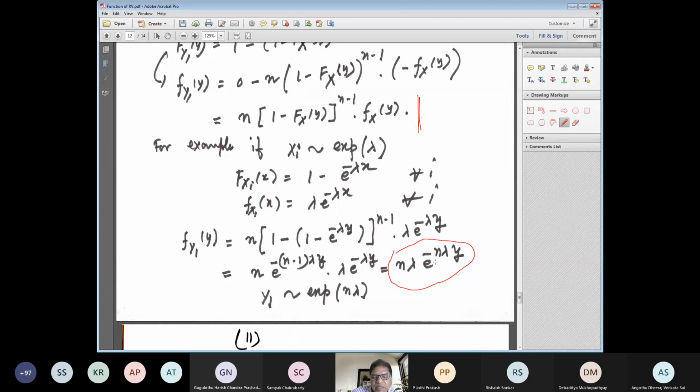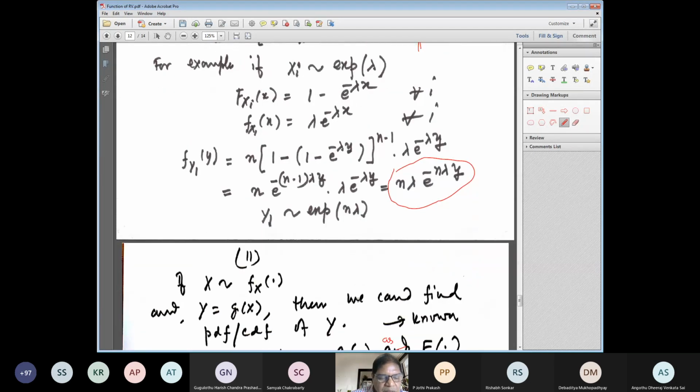If you look at this, it is exponential with parameter n lambda. This is a very good result, and in most applications we can use it directly: whenever we have to deal with the minimum of X1, X2, ..., Xn, the distribution will be exponential.